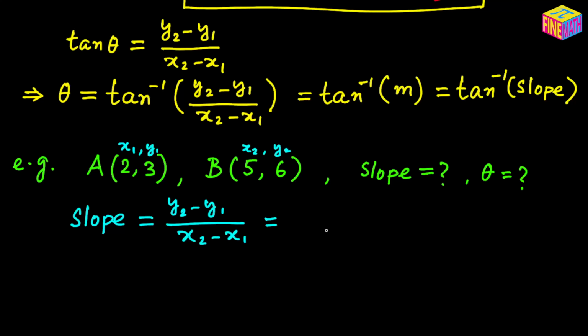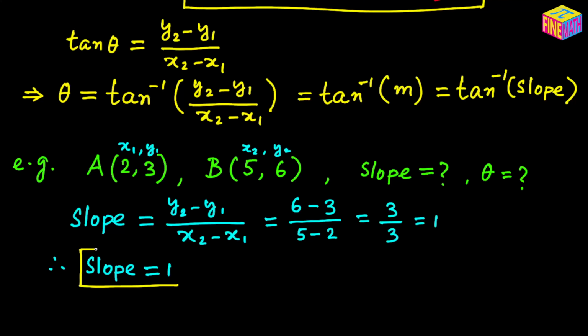So y sub 2 is 6, minus y sub 1, which is 3, divided by x sub 2, which is 5, minus x sub 1, which is 2. That will be 3 divided by 3, which is equal to 1. So our slope m is 1. That's our answer to the first question.